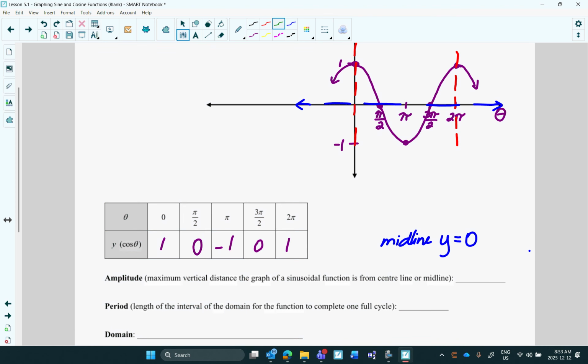What's the amplitude? 1. Same as sine. Because this distance is 1. Or if we go from the midline to the bottom, it's also 1. What's the period? How long does it take to complete a cycle? 2 pi. Domain and range would be the same as sine, right?